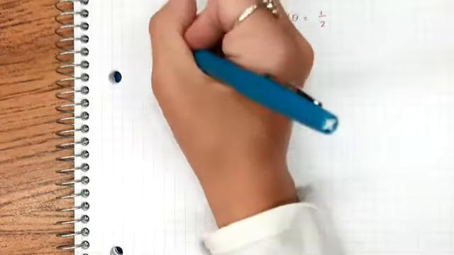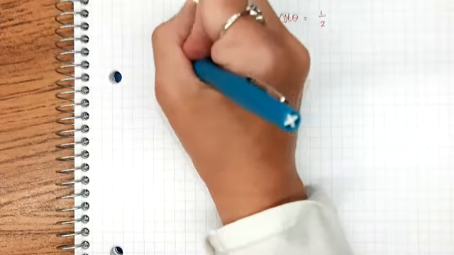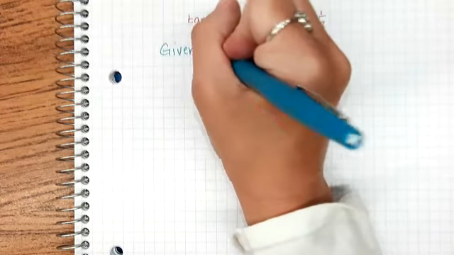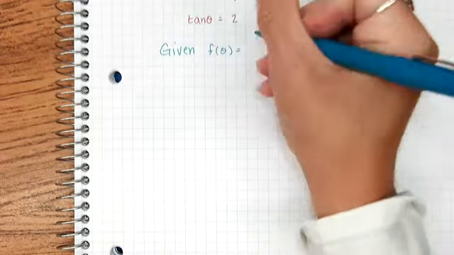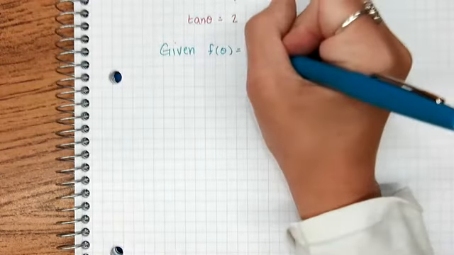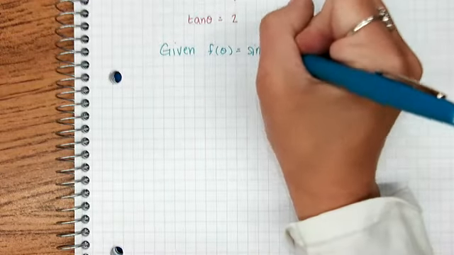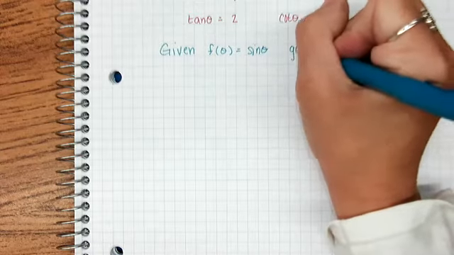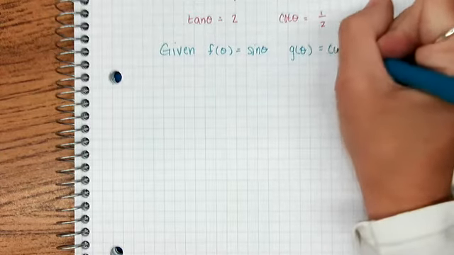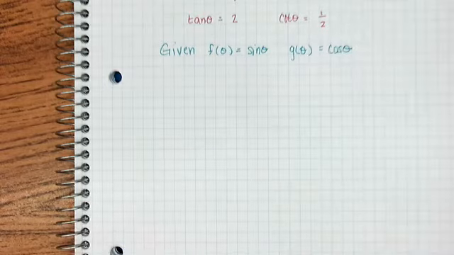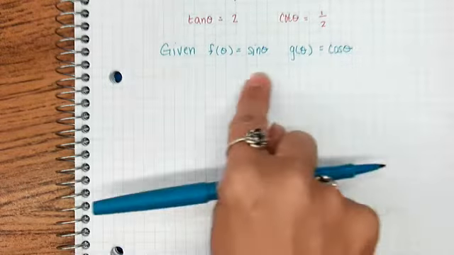Okay, so I'm going to give you, given that the f of theta is sine and the g of theta represents cosine. Leave a little bit of space because I'm going to come back to this.